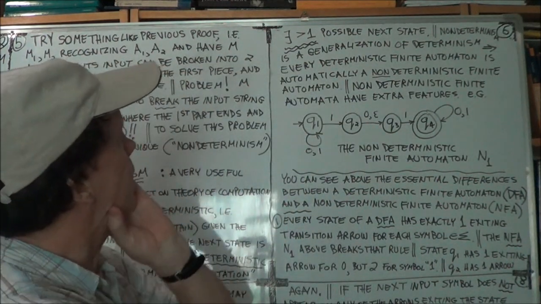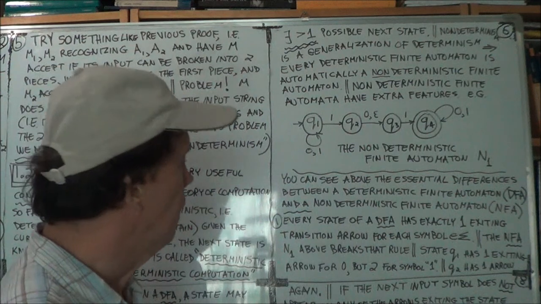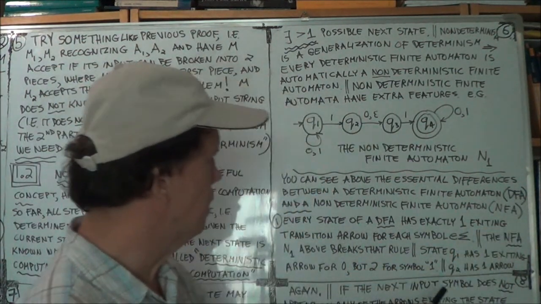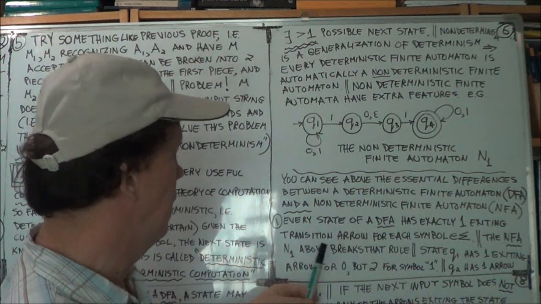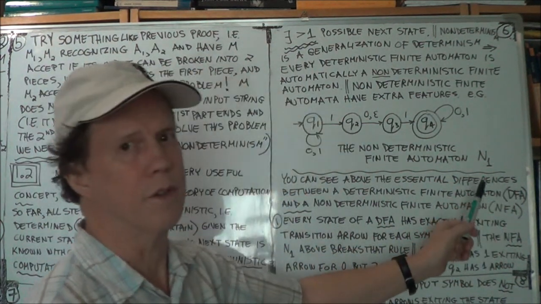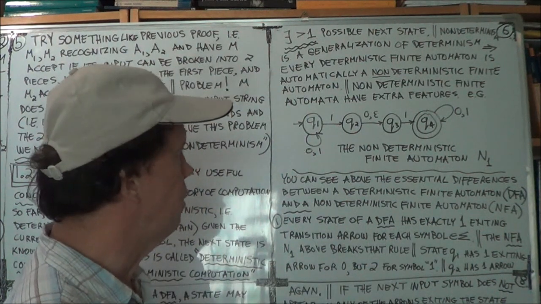Okay, so DFA, deterministic finite automaton, and NFA, non-deterministic finite automaton. Remember those two abbreviations.